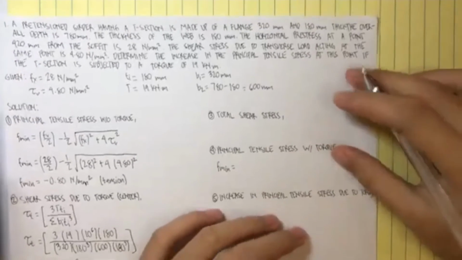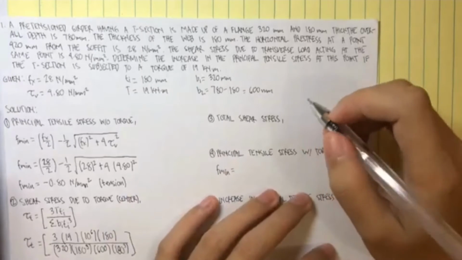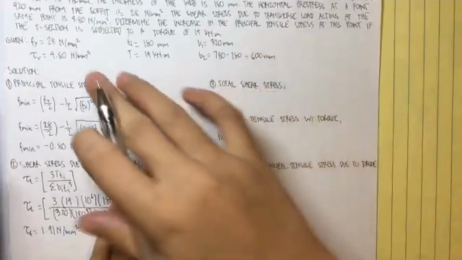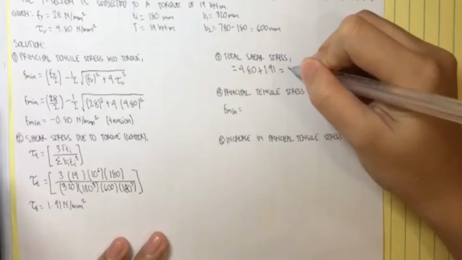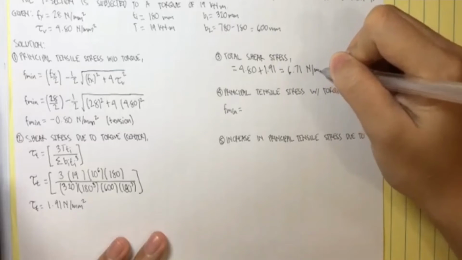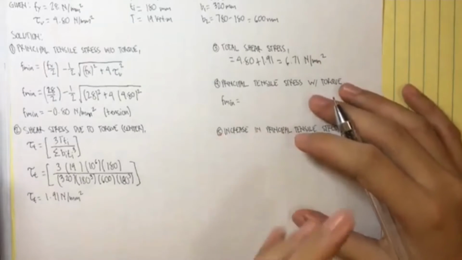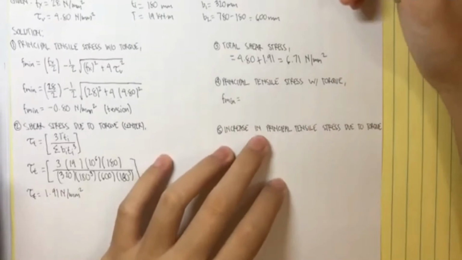Pangatlo naman is, kunin natin yung total shear stress. Ipa-plus lang natin yung nakuha nating shear stress doon sa binigay sa problem. 4.80 magiging 6.71 Newton per millimeter squared. So, pang-apat na gagawin is, kunin naman yung principal tensile stress with torque.